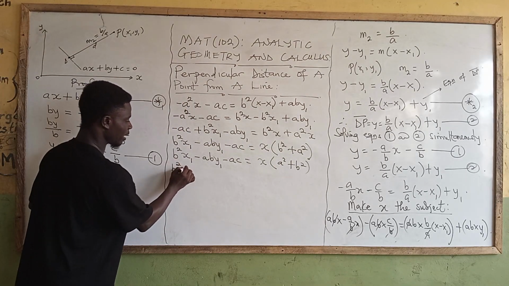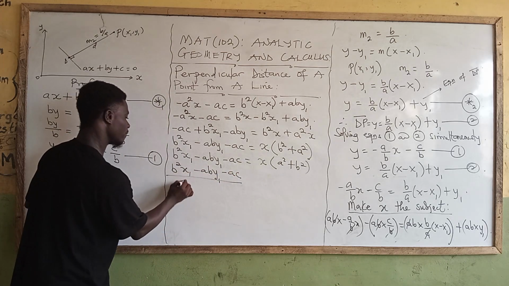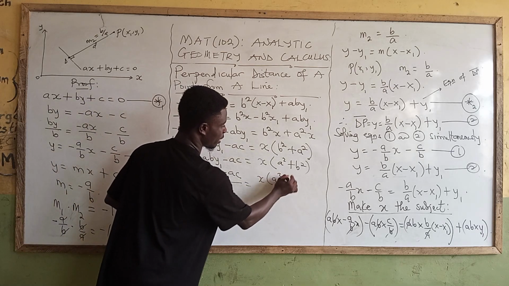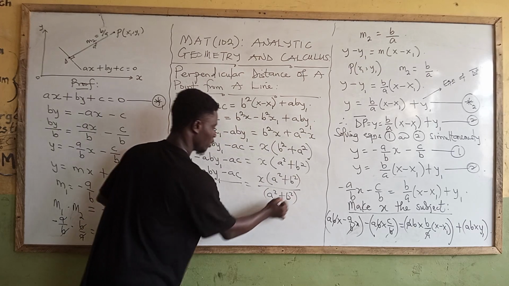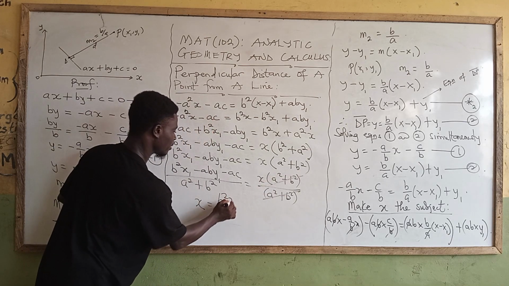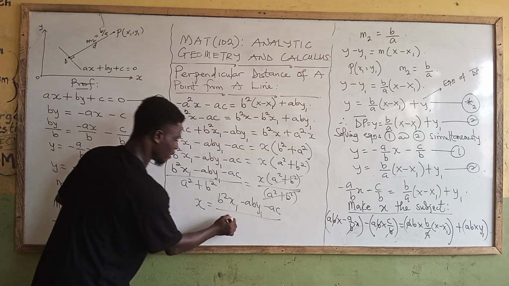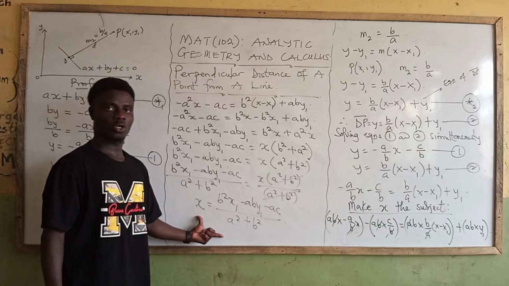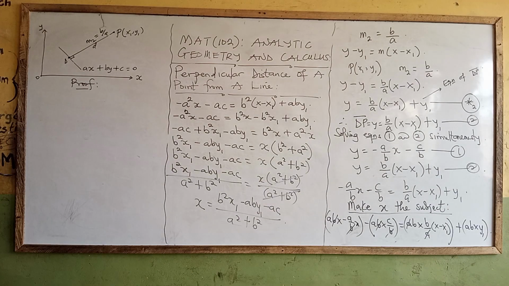So I have b squared x1 minus aby1 minus ac equals x multiplying a squared plus b squared. So we have to divide each side by a squared plus b squared. This cancels, so I get x equal to b squared x1 minus aby1 minus ac, divided by a squared plus b squared. So this is our x coordinate.